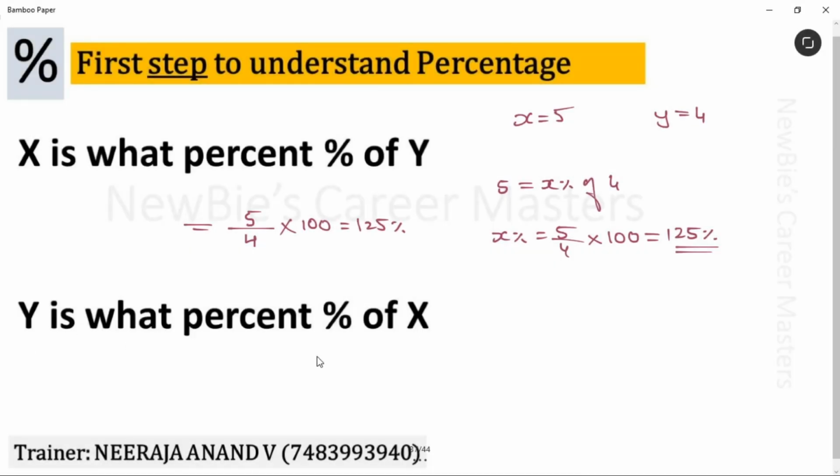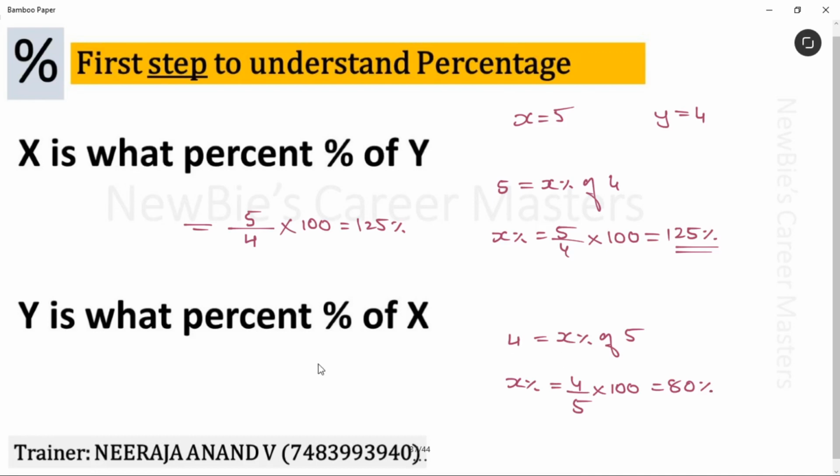Y is what percent of X? See, 4 is what percent of 5? Let's take x percent one side. What we get here? 4 by 5. To convert fraction to percentage, just multiply the value with 100. We get 80%. Meaning of this is 4 is 80% of 5.